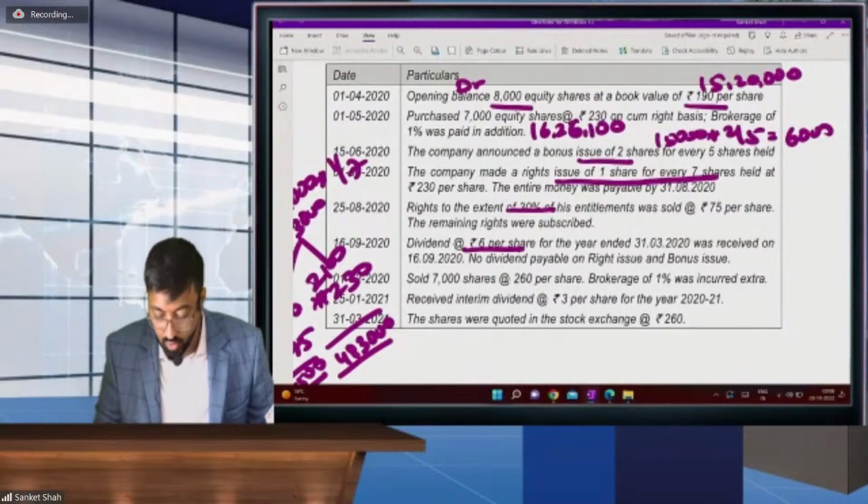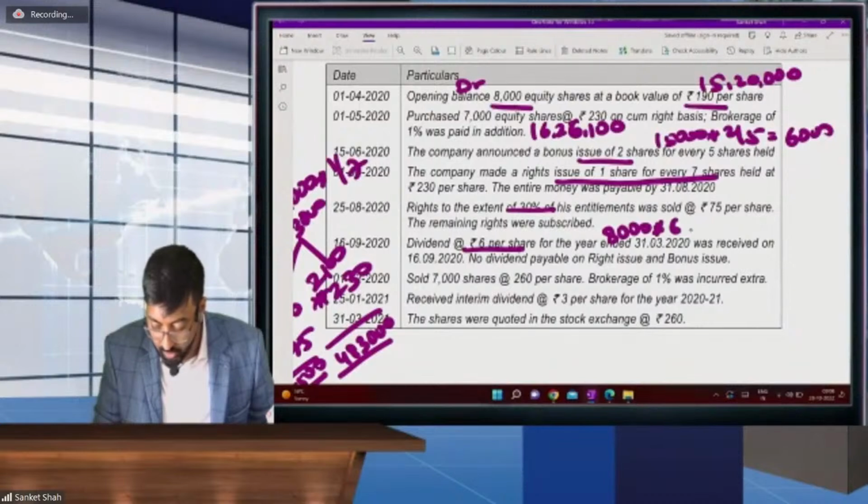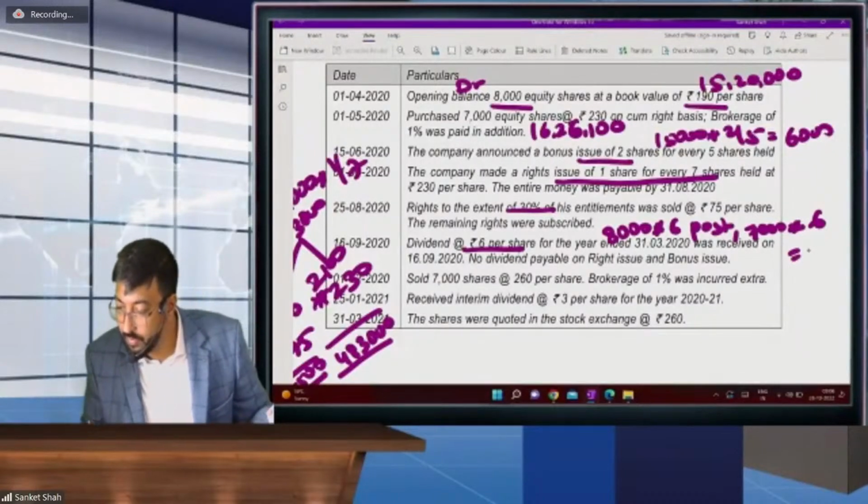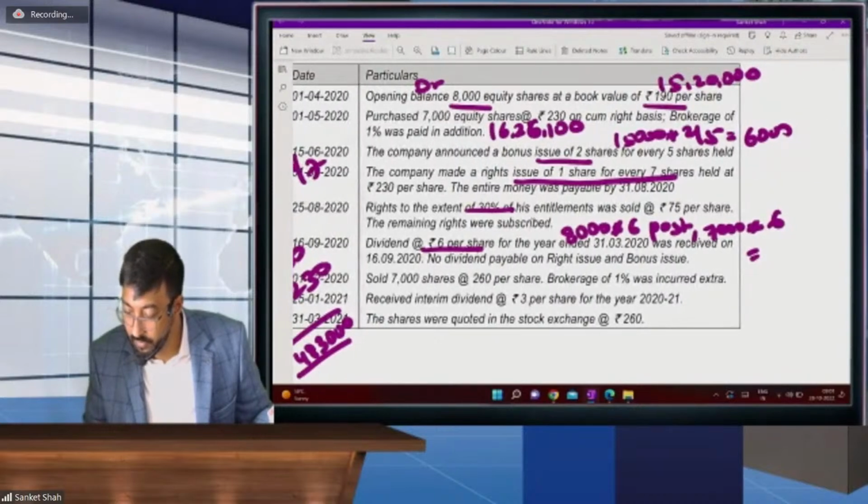Okay. So 8,000 shares will be post acquisition, 8,000 into 6 post, and 7,000 into 6, 42,000 is pre.